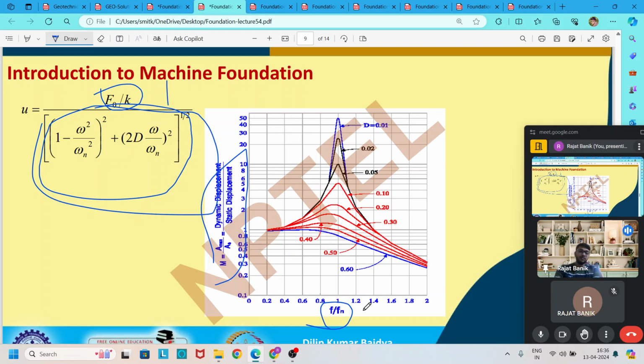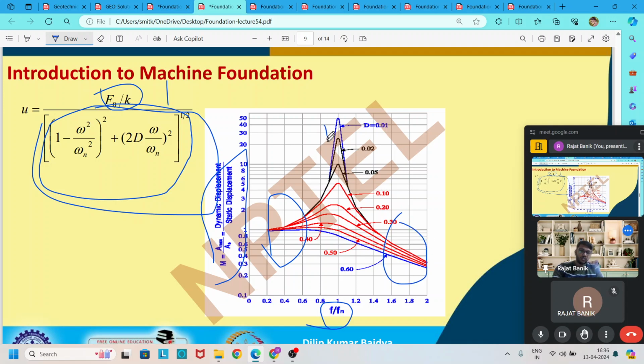After the frequency ratio is greater than one, the amplitude tries to reduce, and the magnification factor becomes less than one. So we have to design our system either in this part or in this part.